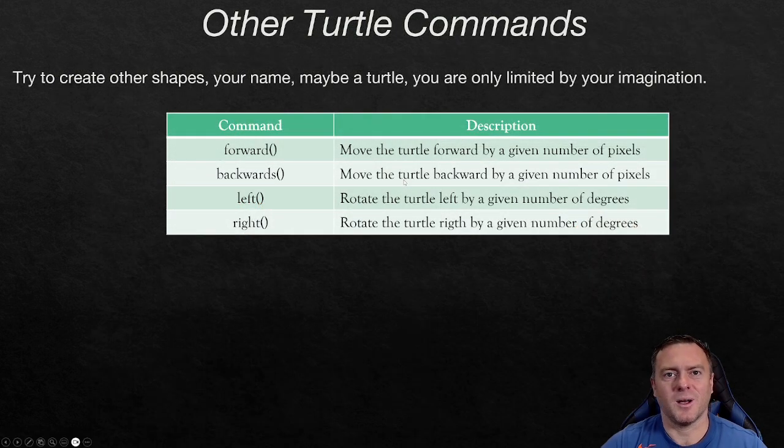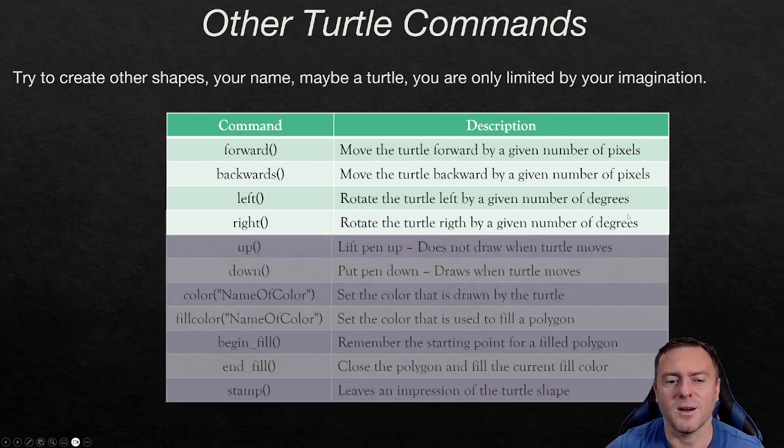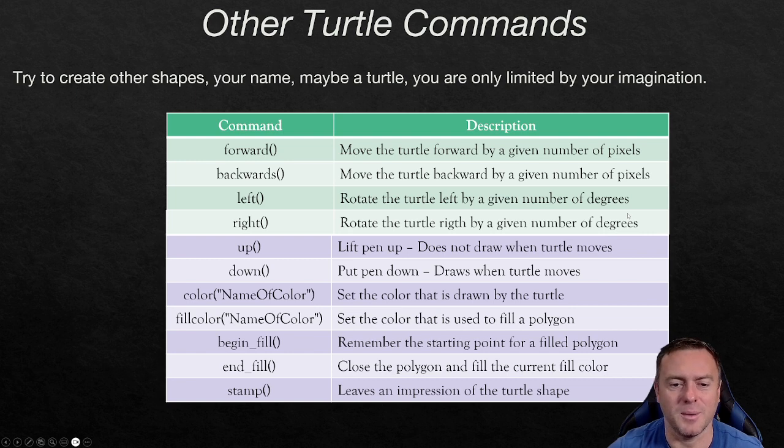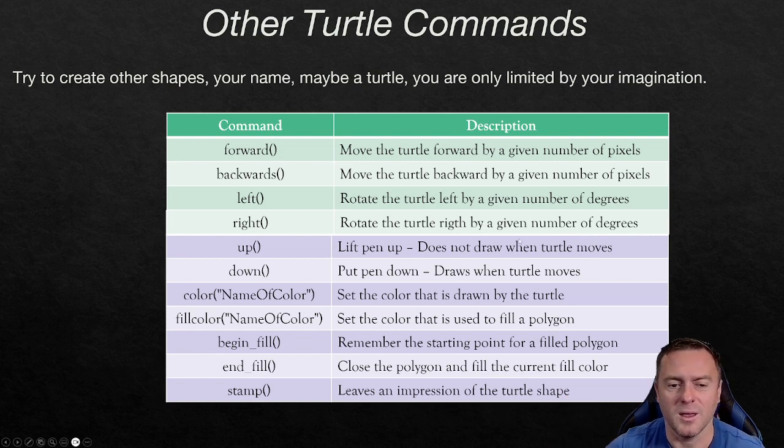So hopefully that's giving you some ideas of what you can do in total. There's a lot you can do. These are the 4 commands that we drew on originally: forwards, backwards, left, and right. There are a whole heap of others as well. You can also do pen up and pen down, which moves the turtle around without drawing, and then puts the pen back down if you want. You can then change the color, which is what we've done. We can set the fill color.